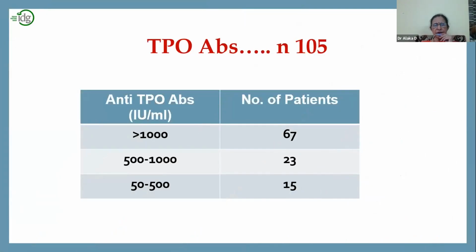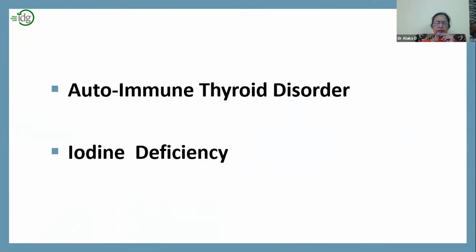Now, TPO antibodies are done in all these 105 patients when they were detected to be hypothyroid. And as you can see, most of these patients had high levels of TPO antibodies. Now, these TPO antibodies are autoimmune antibodies, and they will go on slowly destroying the thyroid. So it is an autoimmune thyroid disorder.